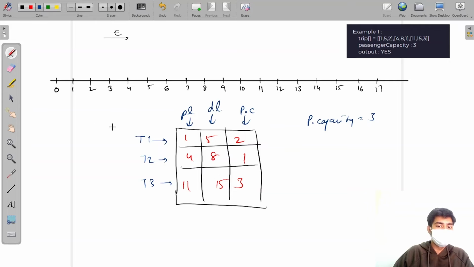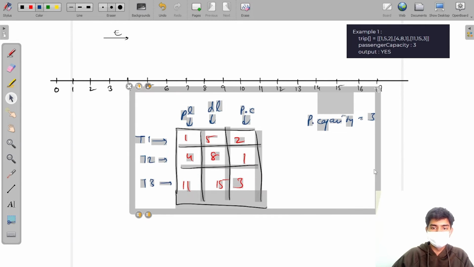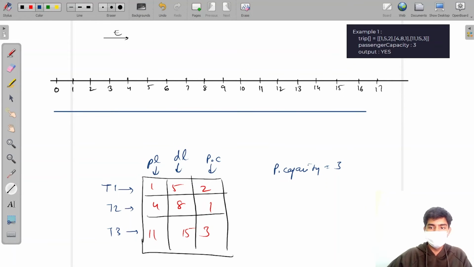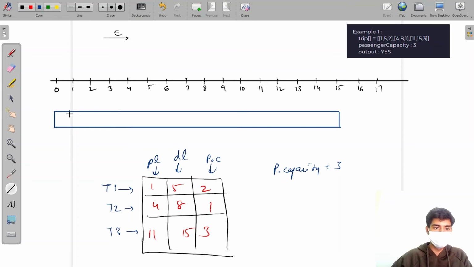So what is going to be the approach for this question? For this question, we will make an array of the size of the last trip. So 1, 2, 3, 4.